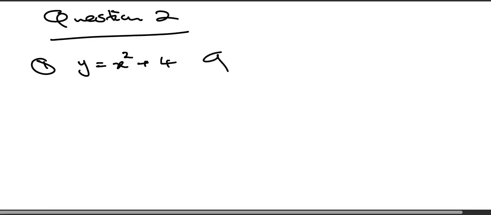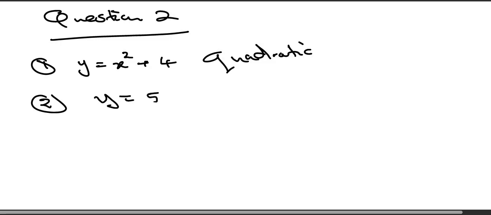We discussed this. And the next one is a linear function. This is number 4. Number 4 is y is equal to 5, meaning it's just a horizontal line on 5. Then I said the ones that are not functions, there is number 2 and number 5. So number 2 is x is equal to y squared plus 5.